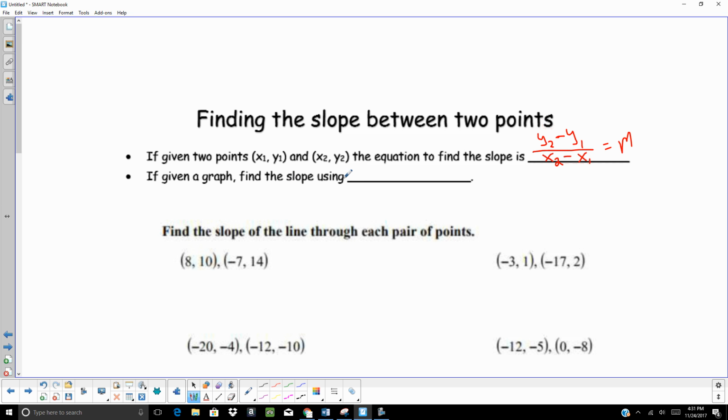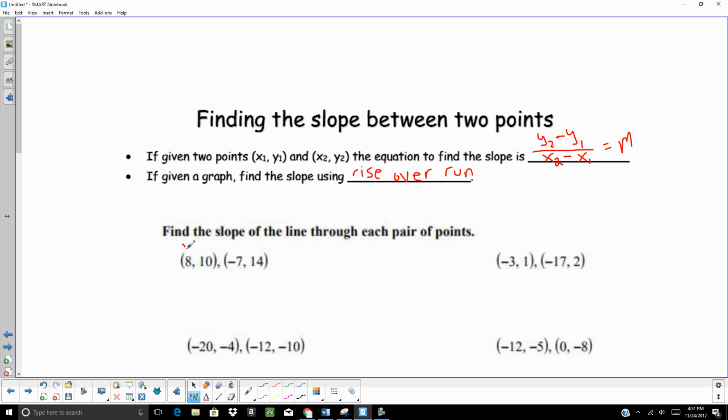If you're given a graph, you probably use just the counting method and do rise, how much it goes up, and run, how much it's going right or left. So let's go ahead and do a couple together, and then I'll give you a chance to do a couple.